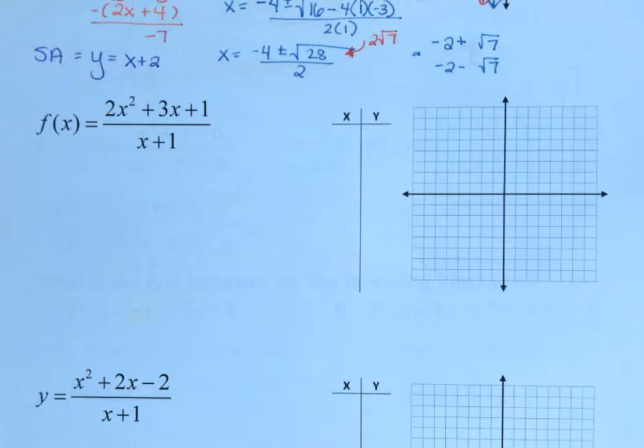So when you do this synthetic division, what number do you put outside? The opposite of the number? It's a 0. The 0 for the denominator. Yeah, sorry.